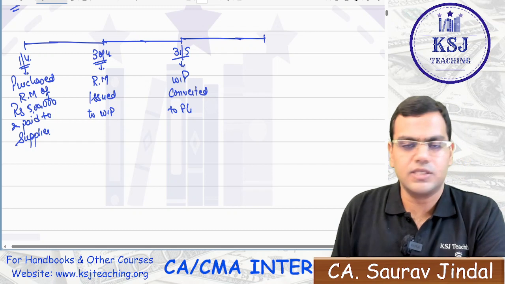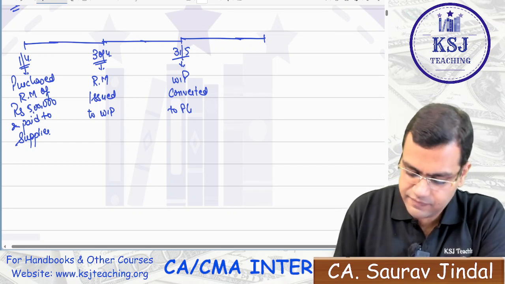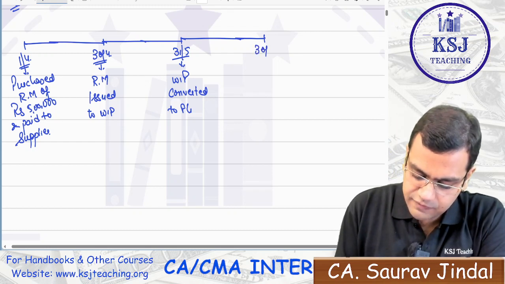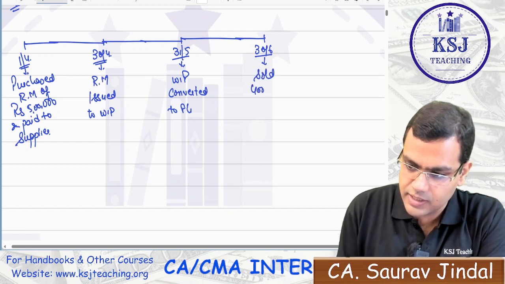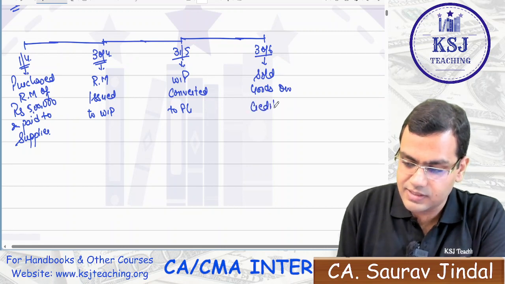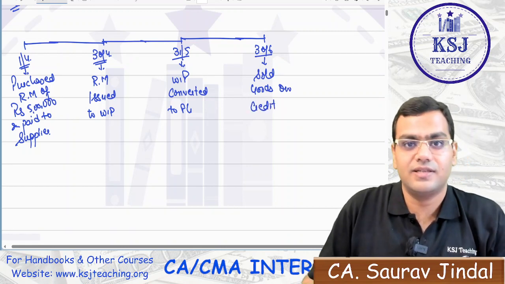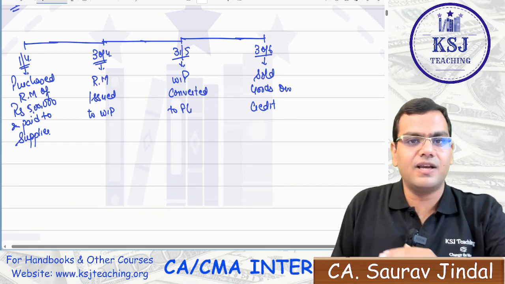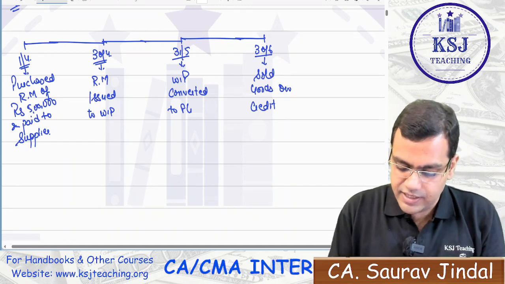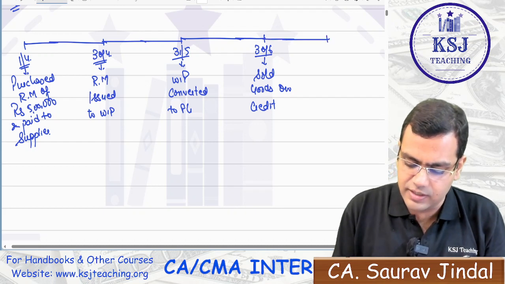Now the finished goods will again be lying in the warehouse. On 30th of June, sold goods on credit. Now this is not cash sale, sir. This is a credit sale, right? Obviously you will give the credit period to the people. You are saying okay, pay the money later on, it's okay.